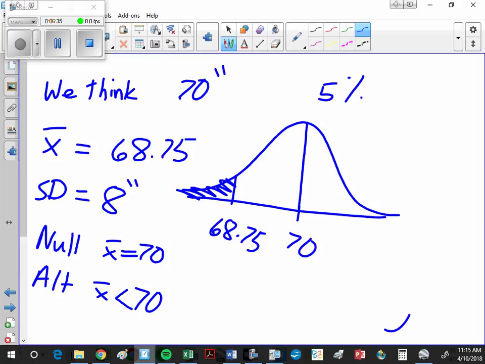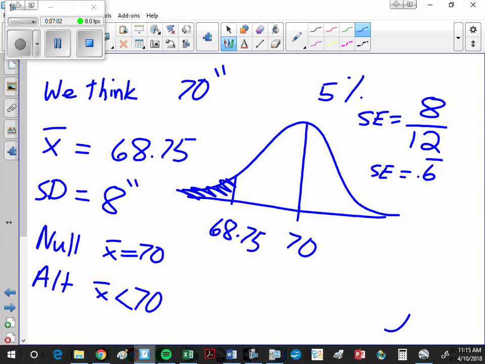So I need to find an SE. Which SE am I using? SE average. So I'm going to take 8 and divide it by 12. 8 divided by 12, what is that, 2/3? So the SE equals 0.6 repeating.